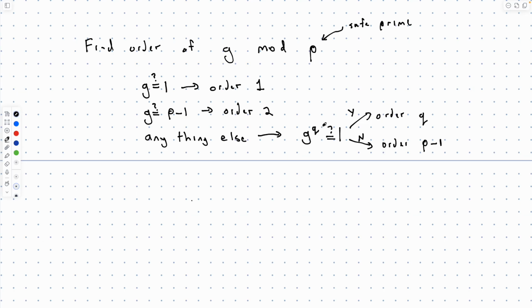If it equals 1, then you know it's order Q, and otherwise it has to be order P minus 1 because it's not 1, it's not 2, it's not Q. There are no other divisors because P is a safe prime, and Fermat's theorem says that everything is order P minus 1 at most. Okay, so that's it. You just have to do one exponentiation to check the order of anything.